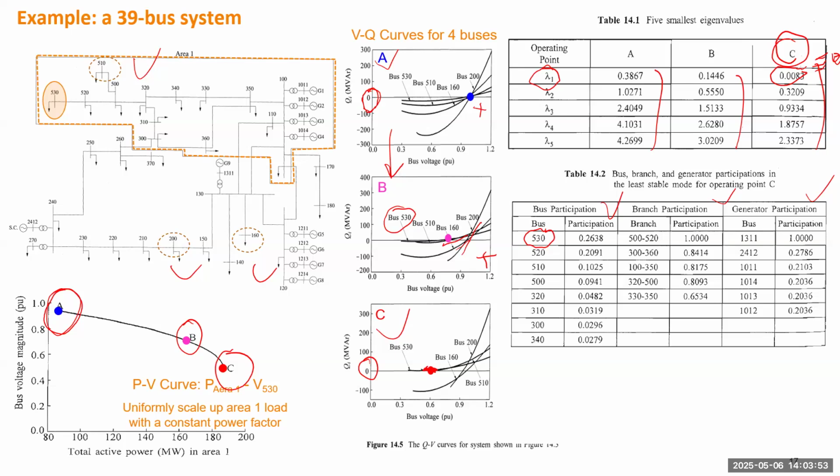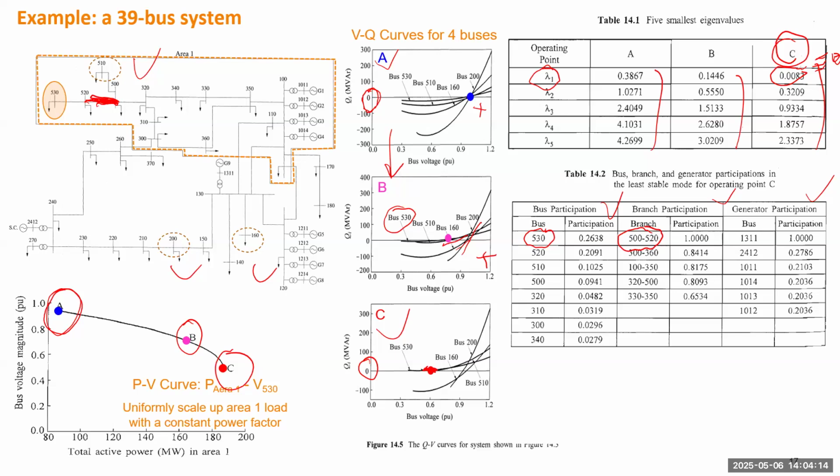So for the branch participation factor, the top one will be 500 to 520, which is this one. Okay, so which means any contingency on that branch will more likely cause voltage collapse.